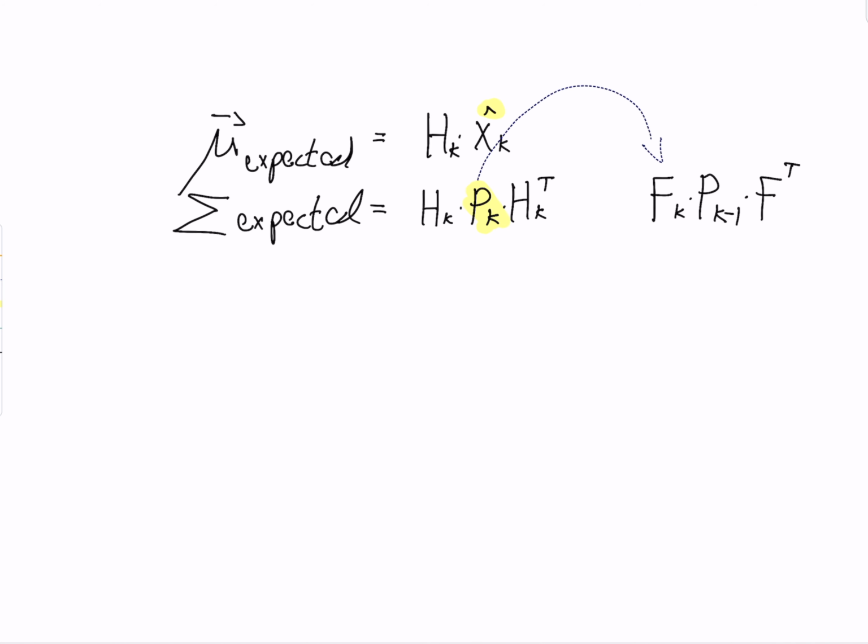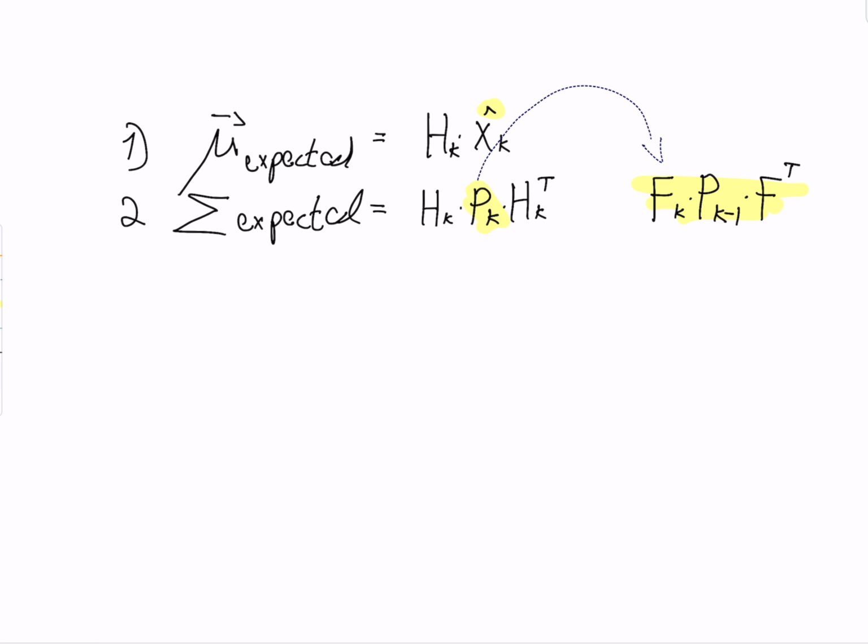Again, we had the initial state vector at t equals k minus 1, and then we used the F matrix to take it from k minus 1 to k, and then we updated the uncertainty using these equations, and then we transfer it from the state space to the sensor space.